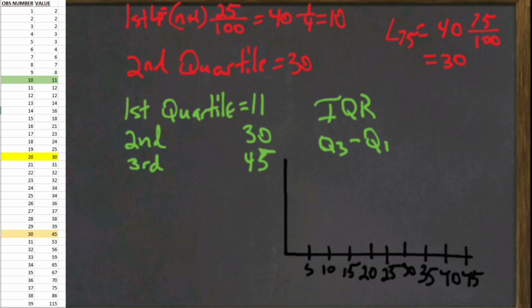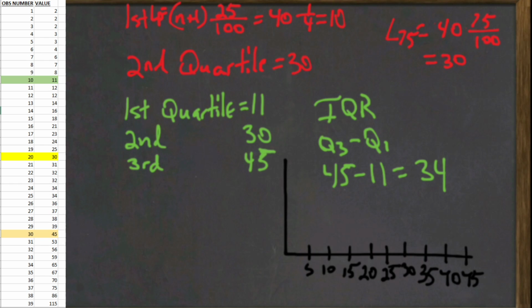It's the range between the quartiles, much like our range for the whole data, which spans from 2 to 115, so it's 113. Here the range is just how far it is between the third and the first quartile. So for us, that is 45 minus 11, or 34. So that's what's referred to as the interquartile range.